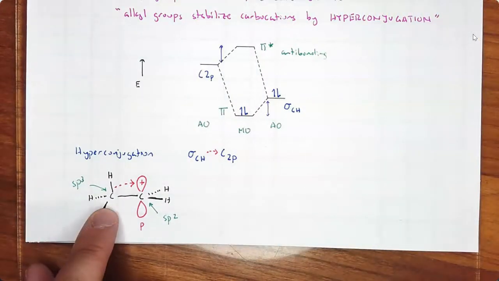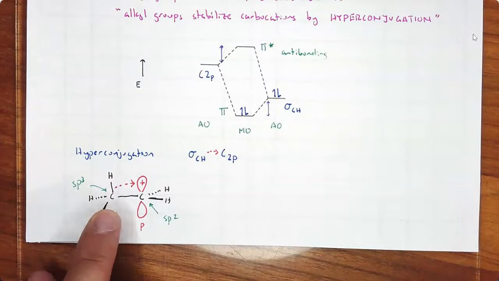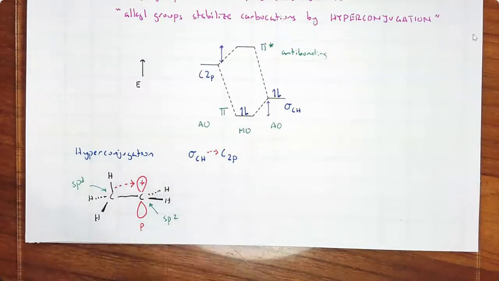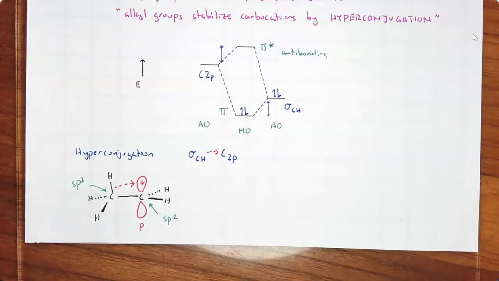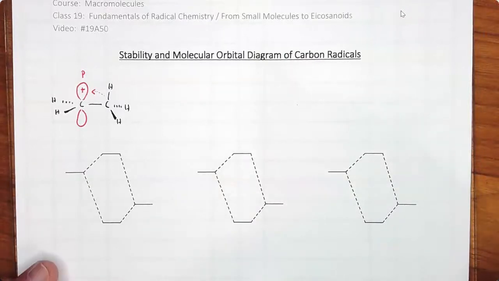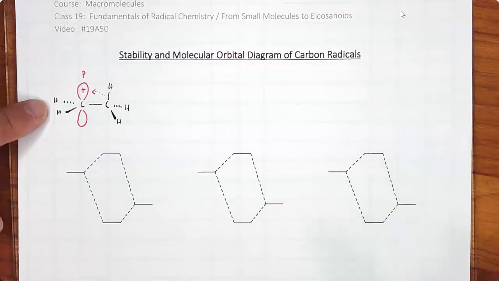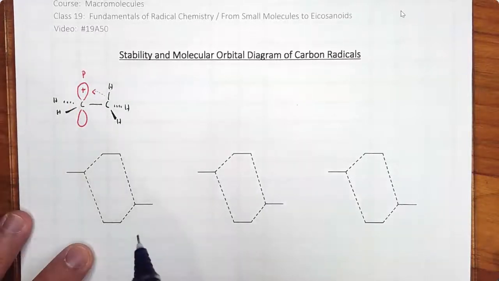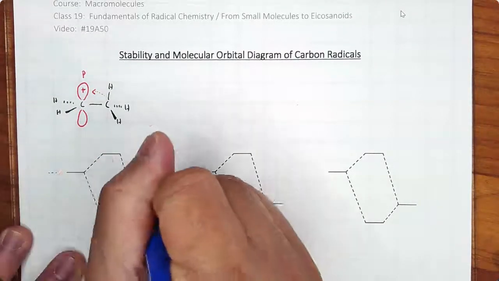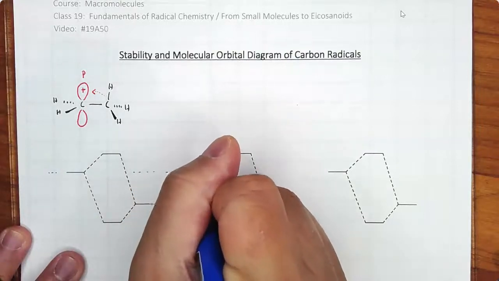The more alkyl groups you have, the more instances of hyperconjugation. So actually you have hyperconjugation between this p orbital and these 3 sigma bonds. We're going to see the same effect for radicals. Here I have set up 3 templates, and we're always going to use the orbital for the carbon 2p orbital, and that's why I want to make all of these equal levels.